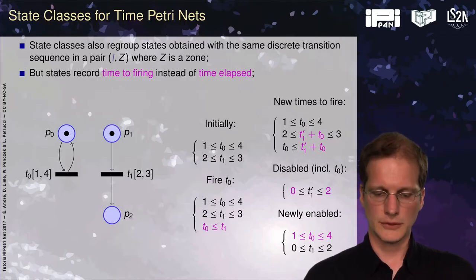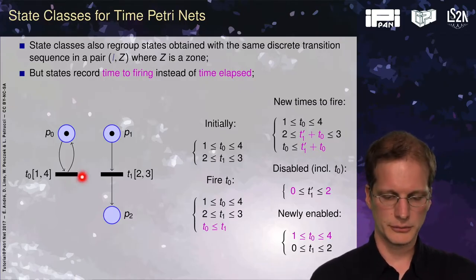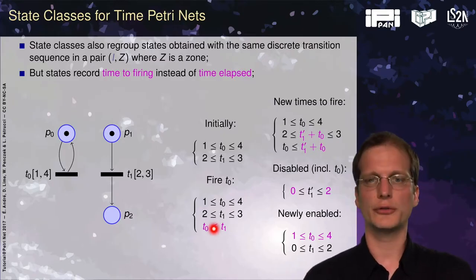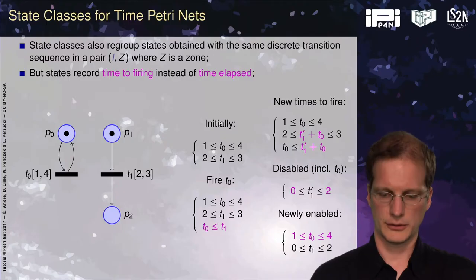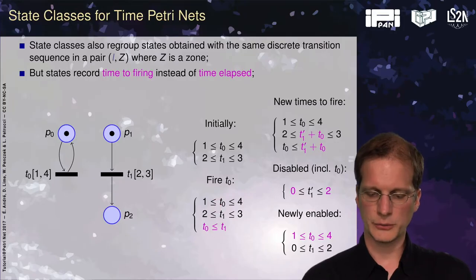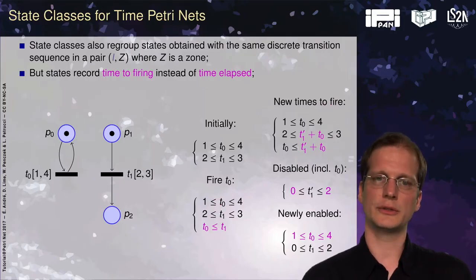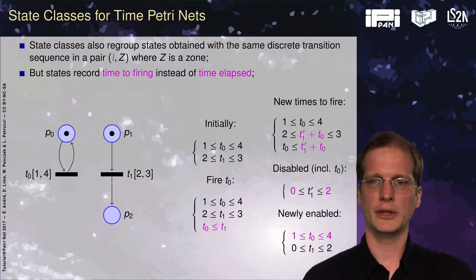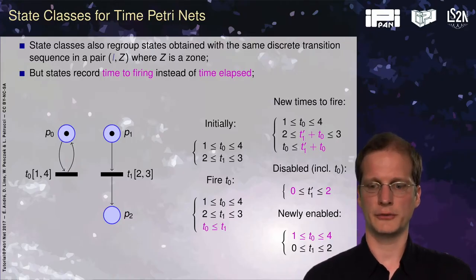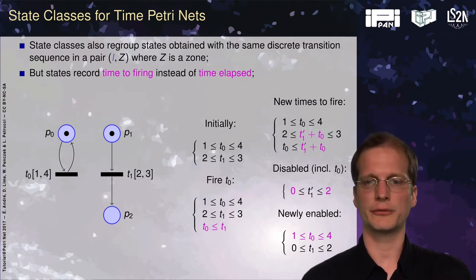So when we want to fire T0, how does it work? First T0 should fire before T1, because it's the transition that we have chosen for firing. So we have this constraint, and then, since we want to keep this timer behavior, the new origin, the new reference for time to fires, would be the firing of transition T0.